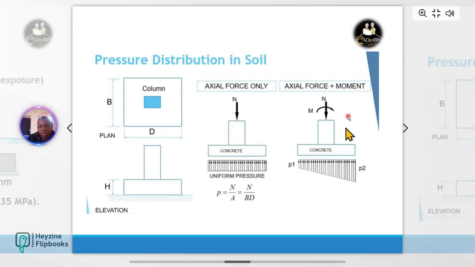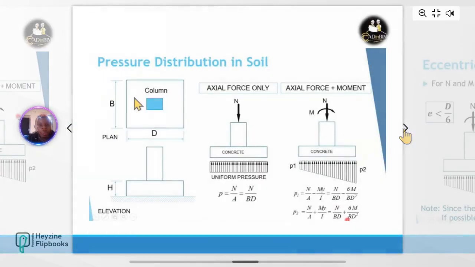So what about when you come to this? When we are looking at pressure distribution in soils, whereby we now have moments in addition to axial force, this is the formula we'll use: P1 equals N over A minus the pressure due to the moment, because if you exert pressure and then try to turn it over, the pressure will be less for the moment.